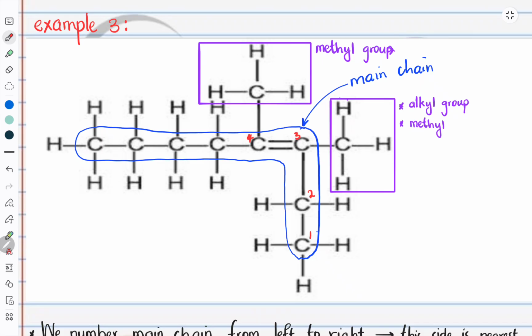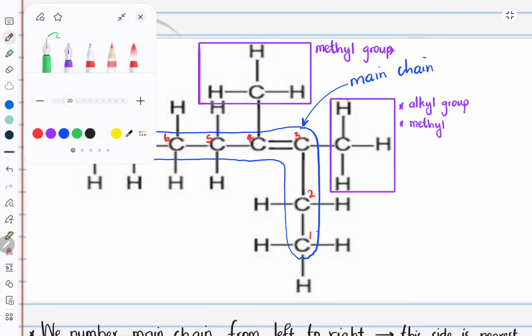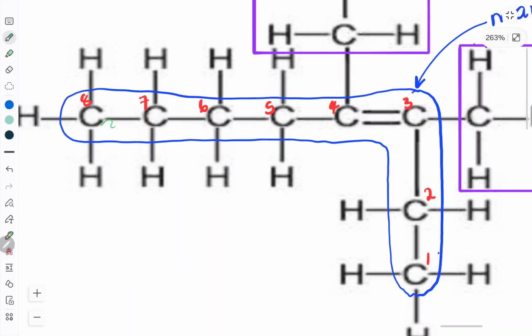So if I number from this side, I can see that the double bond is located on the 3rd carbon atom along this main chain. And then I continue 5, 6, 7, 8. I can still check the other side, it's fine. From left to right. 1, 2, 3, 4, 5. So you see this one won't really work. Between 3 and 5, I'll choose the 3 because it's a lower number. Then this is 6, 7, 8.